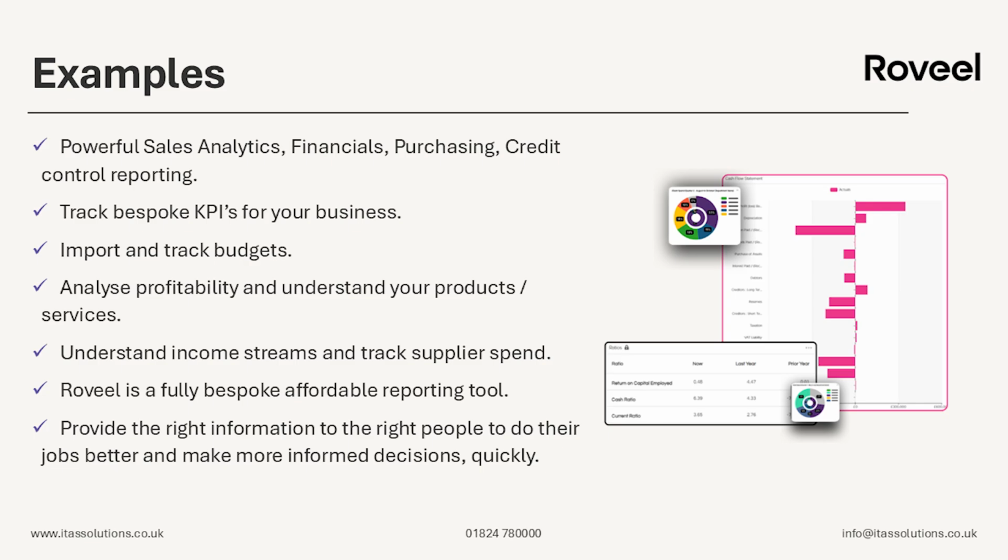And then it tailors depending on the number of users thereafter, and number of companies and that kind of thing. But there's no onboarding cost or cost associated with that. We publish our prices, they're on the website, so you can calculate and work out exactly how much it's going to cost. And ultimately, I've said it before, it's about providing the right information to the right people, so they can get on and do their jobs with informed decisions quickly.